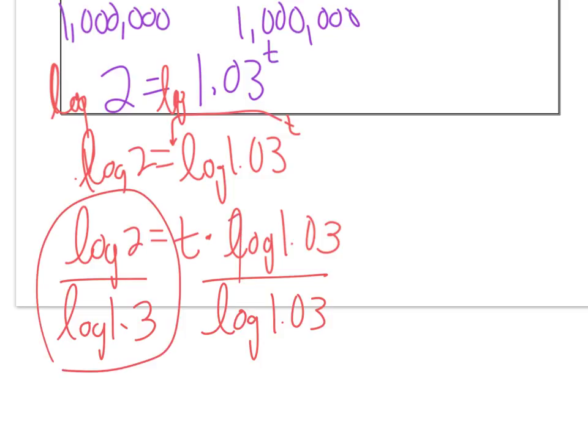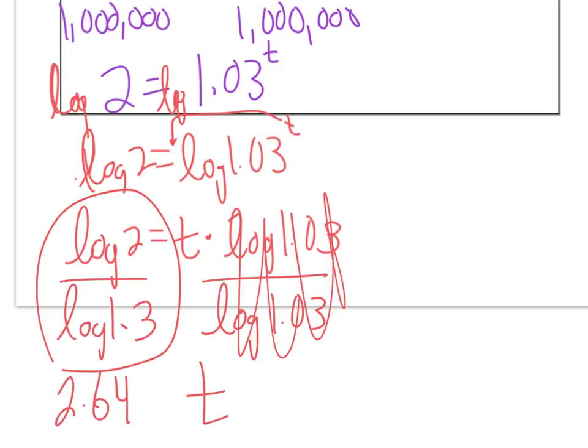So there's my answer. That cancels out. So t is going to equal log of 2 divided by log of 1.03. 2.6419. So it's going to take a little over 2.6 years for that population to double.